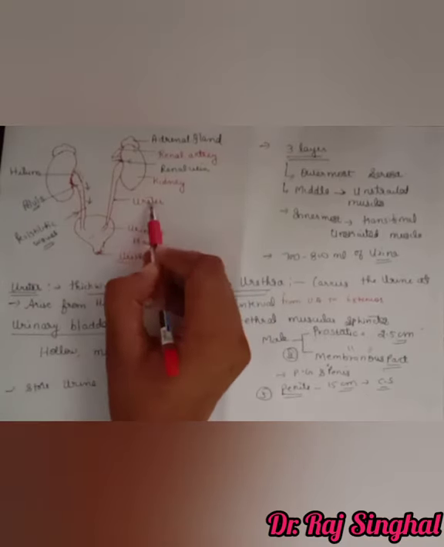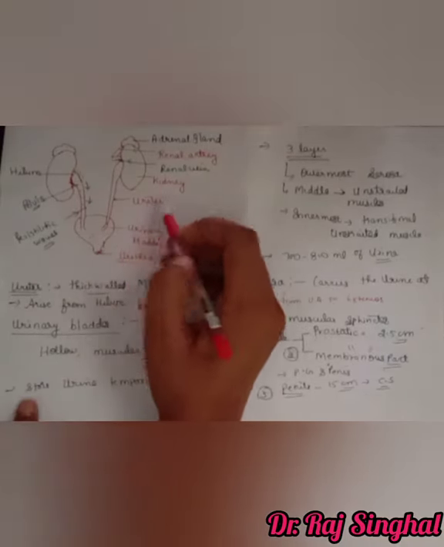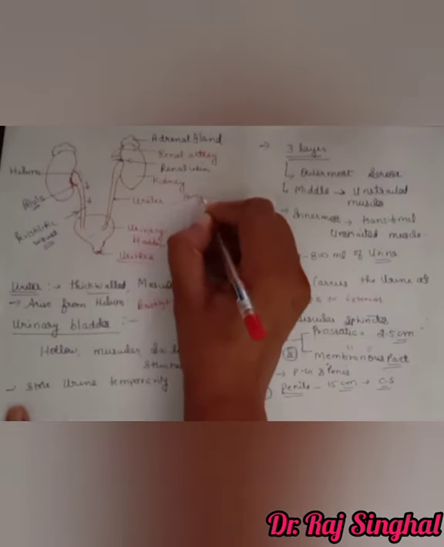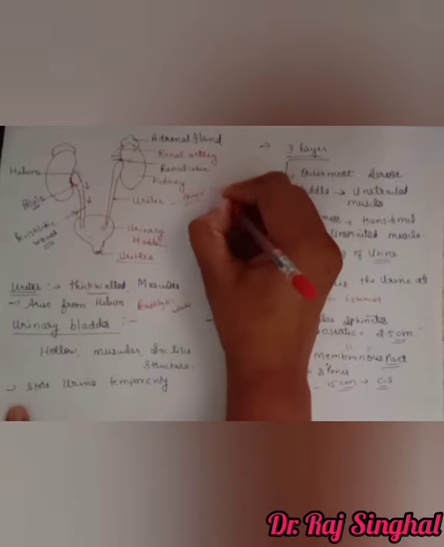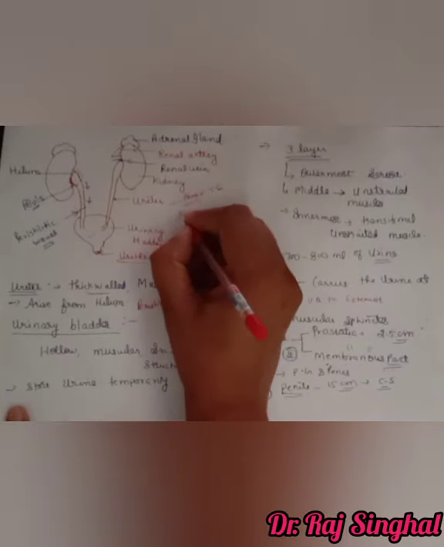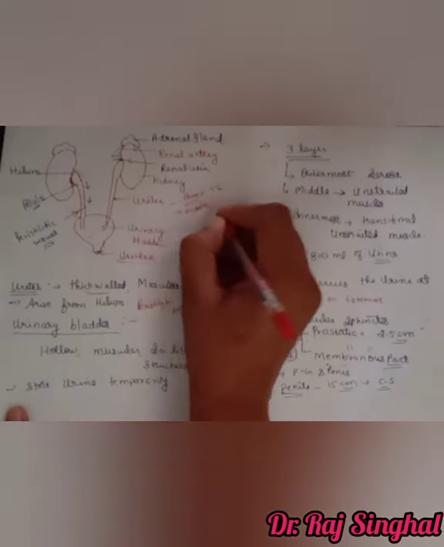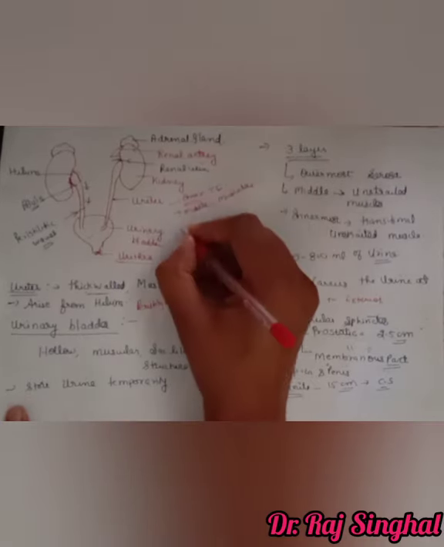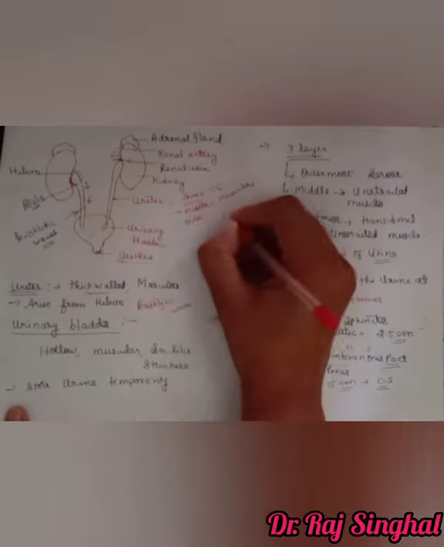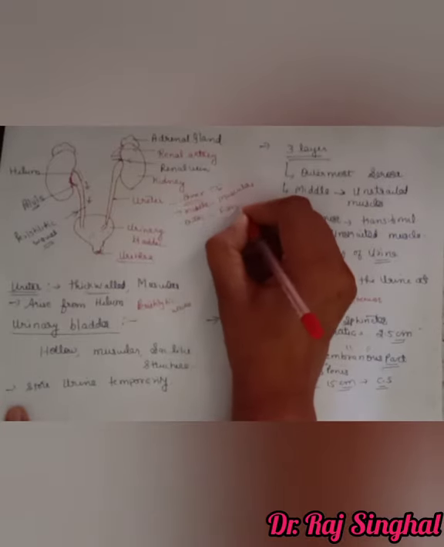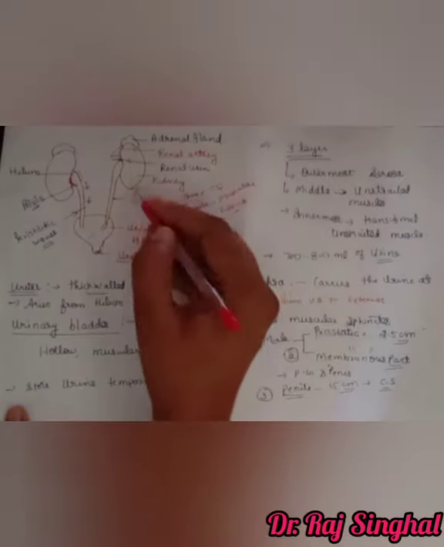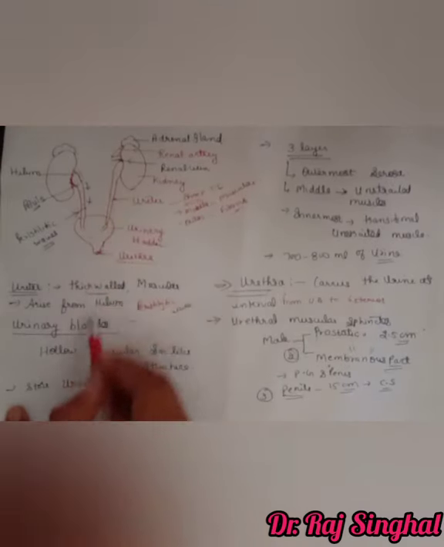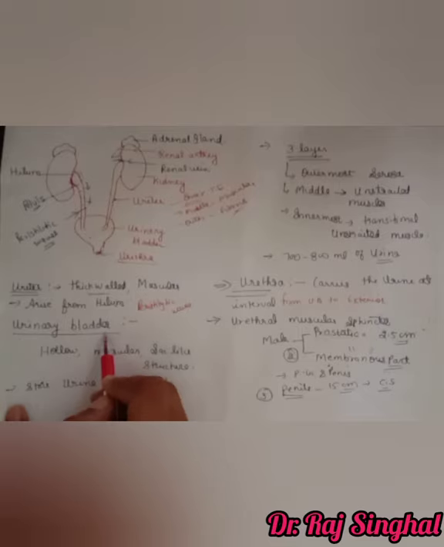Its walls are made up of 3 layers, or they are lined by 3 layers: innermost transitional epithelium, the middle one muscular, and the outer one fibrous. The ureter opens in a sac-like structure known as the urinary bladder.